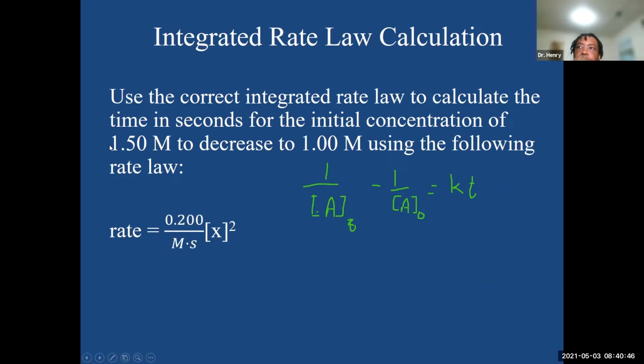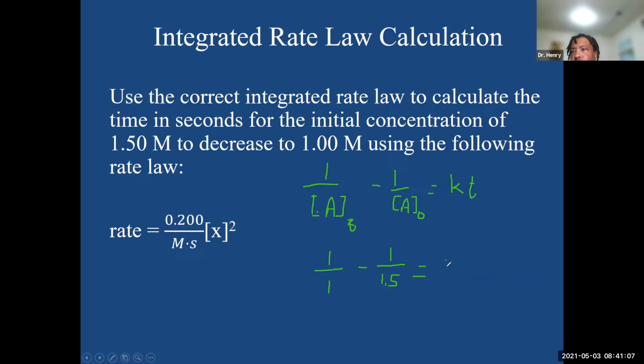So in this case, it's just going to be a plug and chug type of equation. So you plug this guy in for your initial concentration. So it's 1 over 1.5. And then you have 1 over 1.